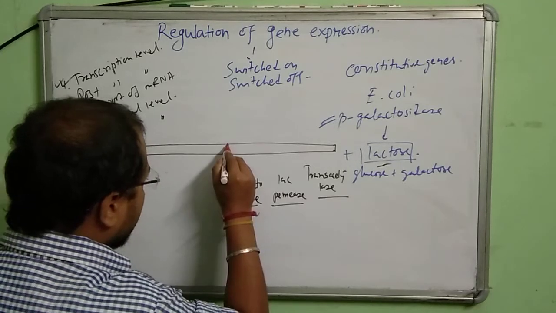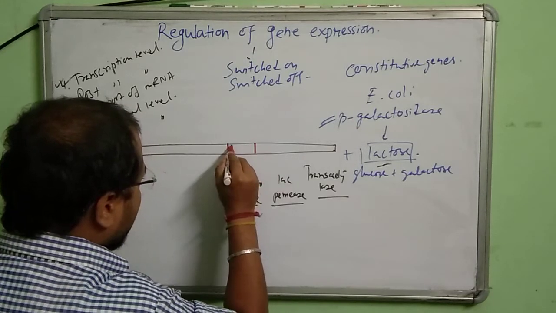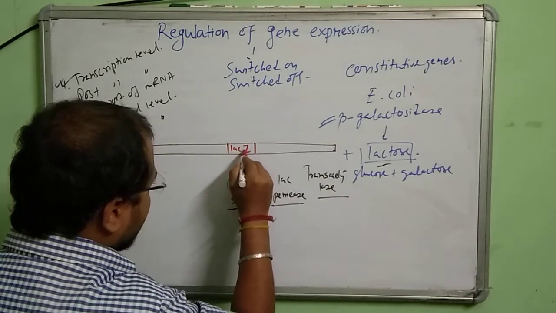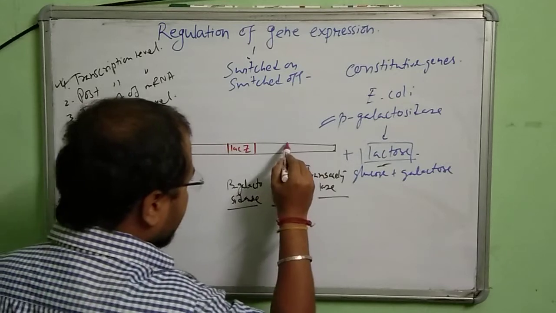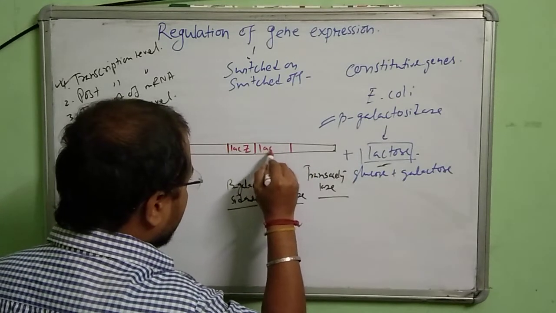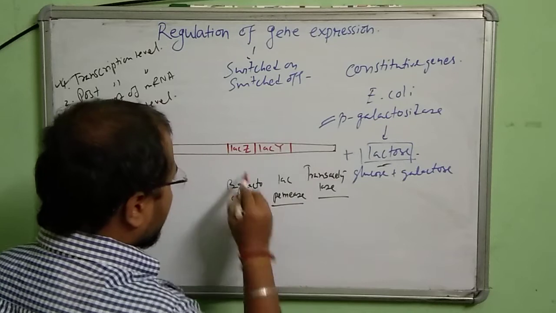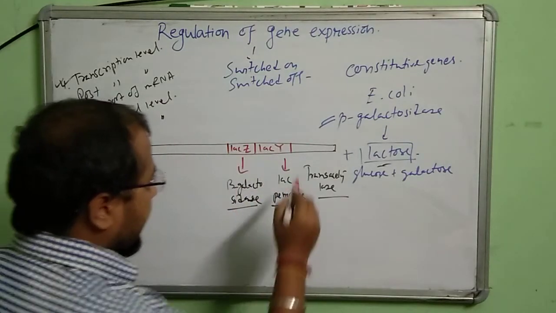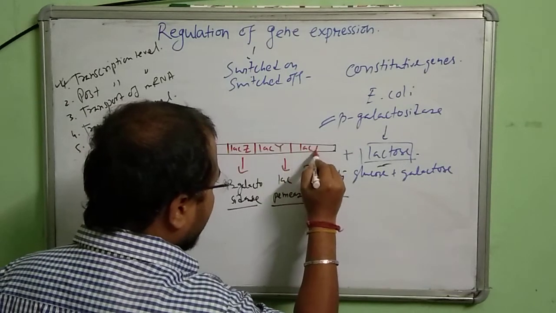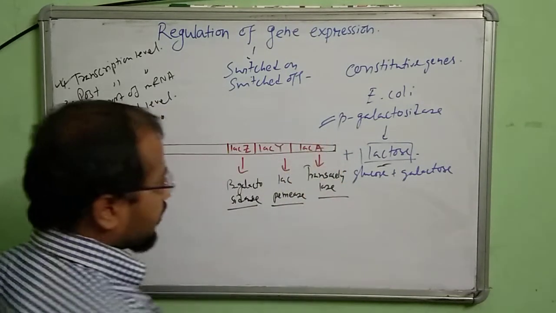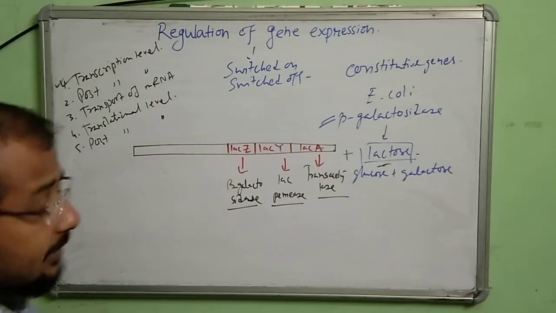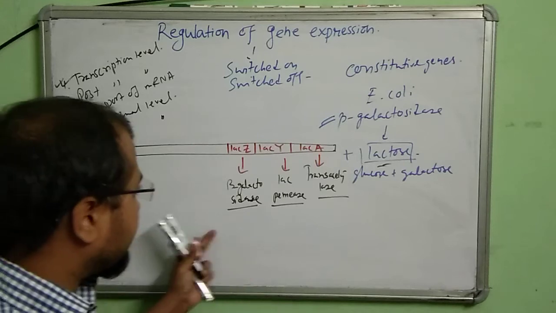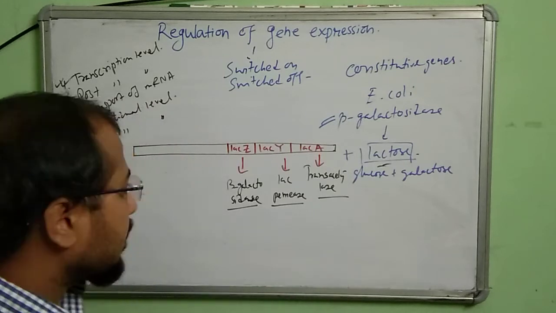So here is one gene that is known as Lac Z. This is a gene responsible for producing the beta galactosidase enzyme. Lac Y is responsible for producing this lac permease enzyme. And there is Lac A which is responsible for producing this transacetylase enzyme. So specific genes are responsible for producing these enzymes.